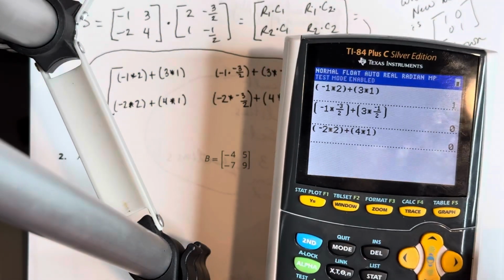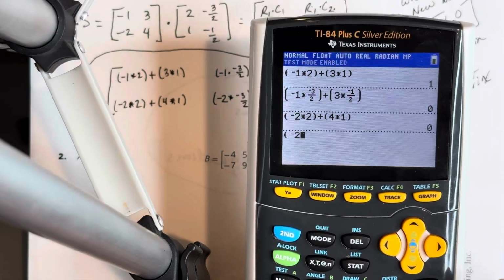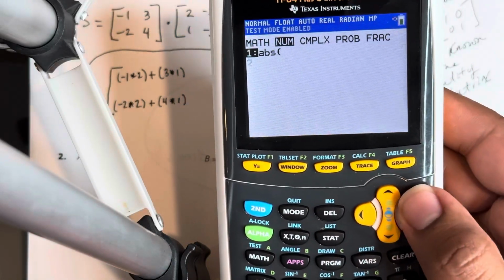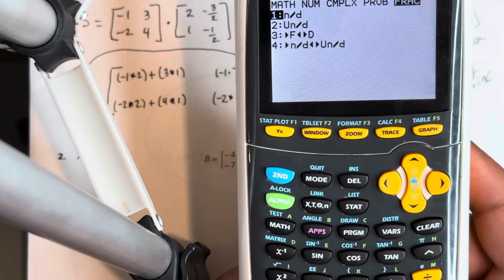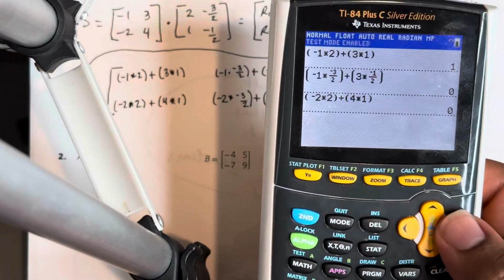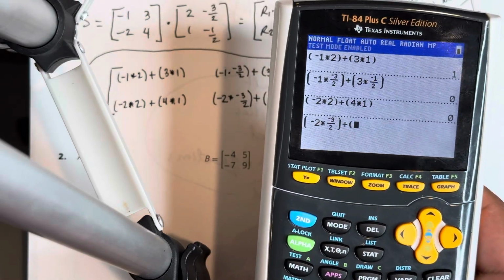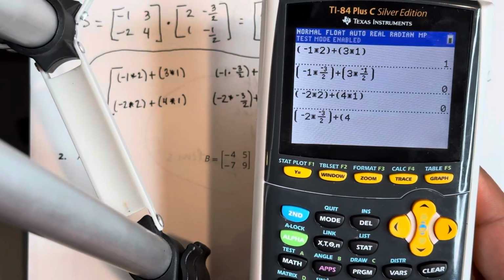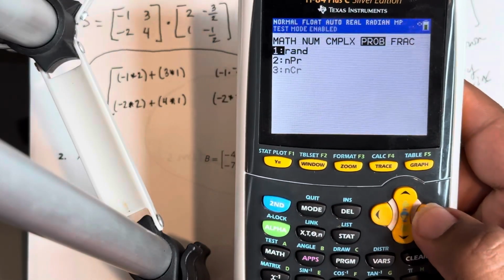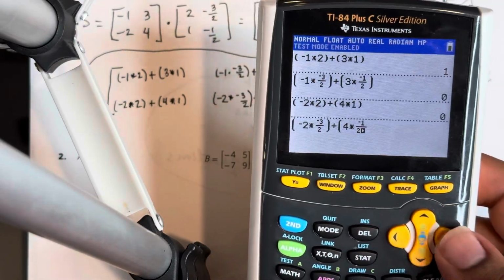And the last one should give us 1. -2 times fraction -3/2 plus 4 times fraction -1/2.